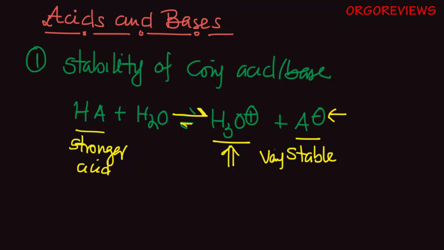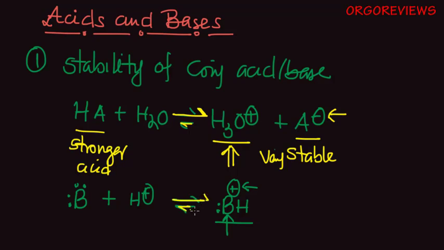In the same way, if you have a base B that has lone pairs and it reacts with a proton in a reversible reaction to give us a B protonated with a positive charge on it, what we are saying is that if this B atom or element is able to stabilize the positive charge such that you have a forward reaction that is stronger than the backward reaction, then this is going to be a stronger base.